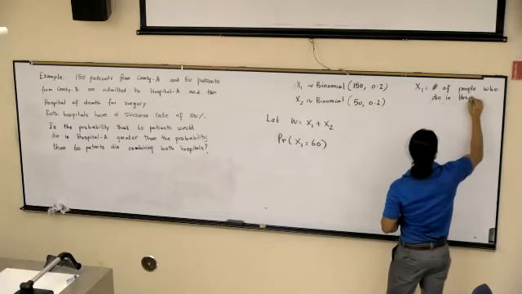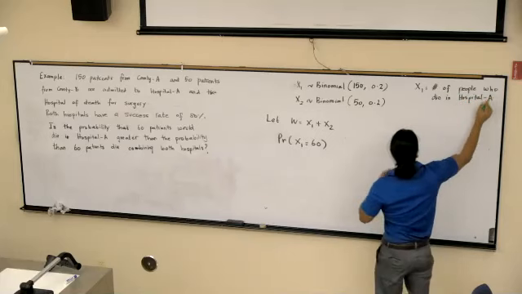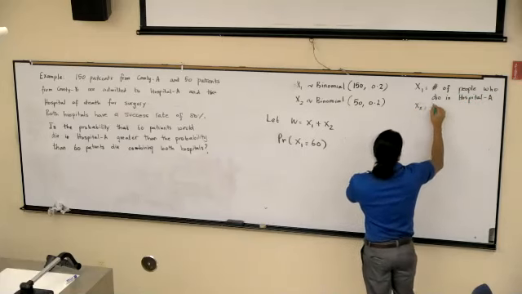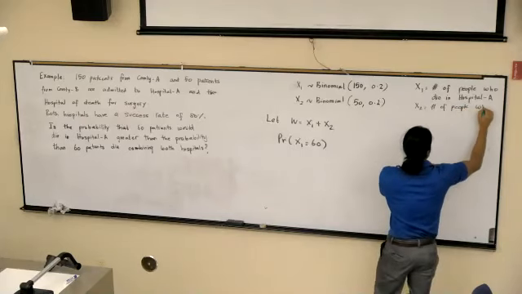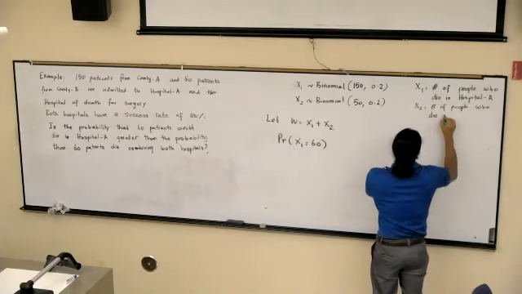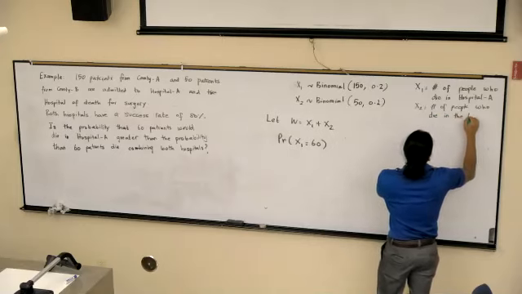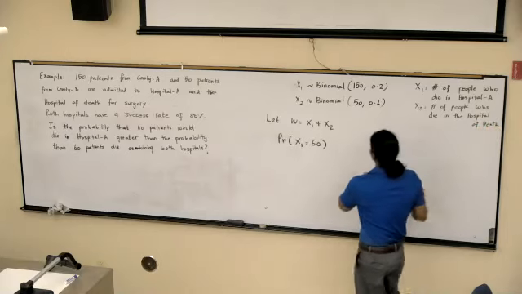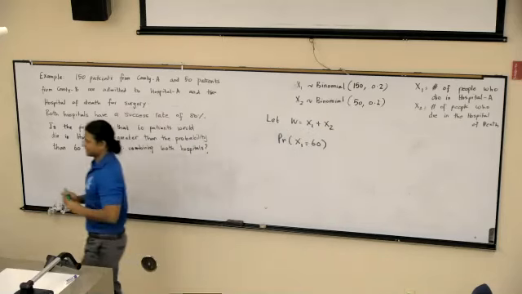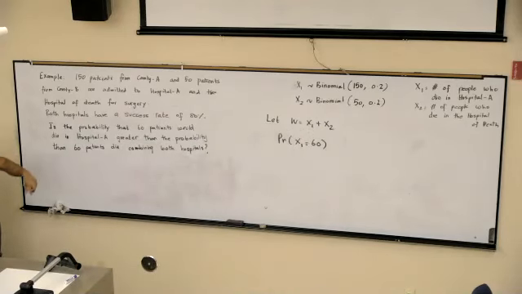So X1 is the number of people who die in hospital A. X2 is the number of people who die in the hospital of death. So the probability that they die is 0.2. I'm defining the success event to be dying at the hospital.